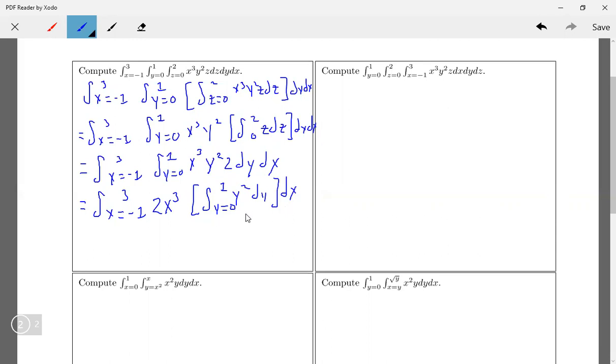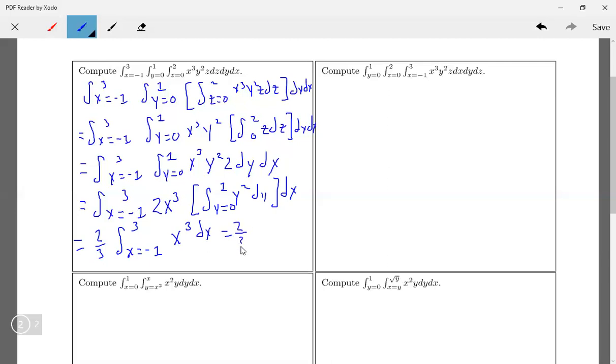So the y integral, the integral from y equals 0 to y equals 1 of y squared, that's just 1/3. So now this is 2/3 times the integral from x is equal to -1 to x is equal to 3 of x cubed dx.